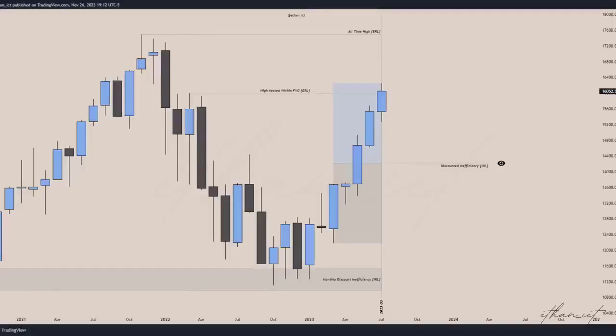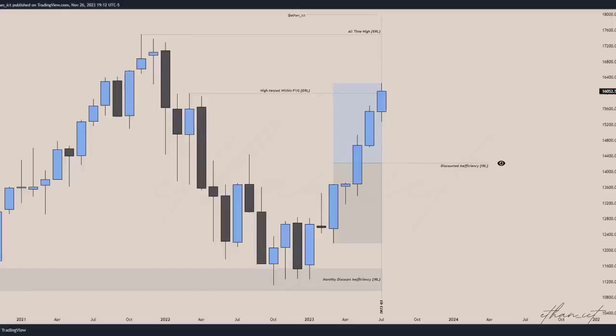With this in mind, my current expectation for NQ is the all-time high as external range liquidity, but as an intraday trader, all I need to know is what is likely to be happening right now, which brings my attention to the high nested within the fair value gap to the left on the monthly chart.